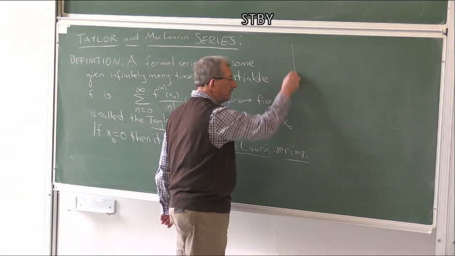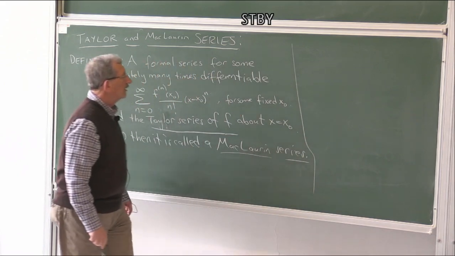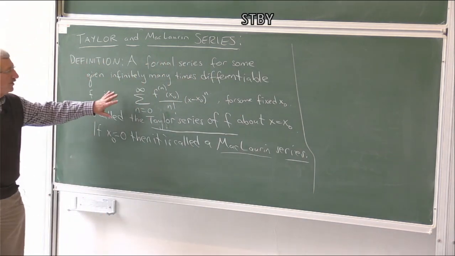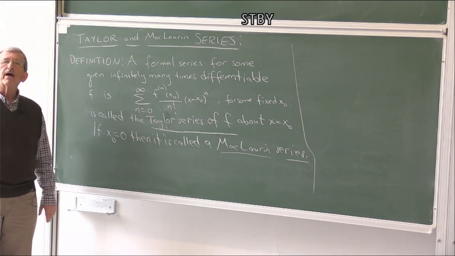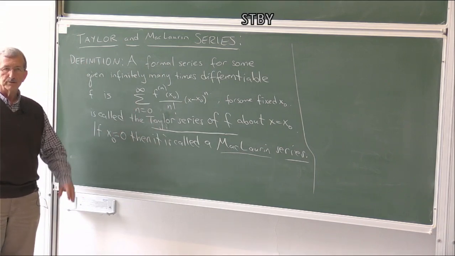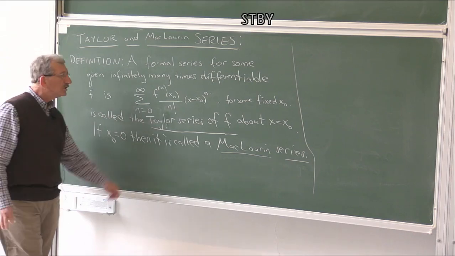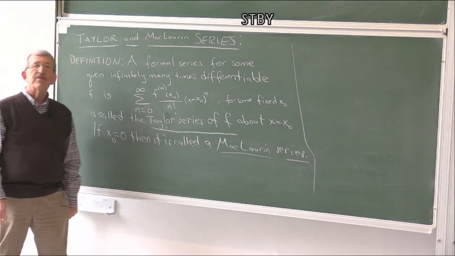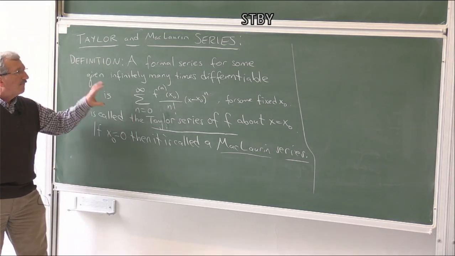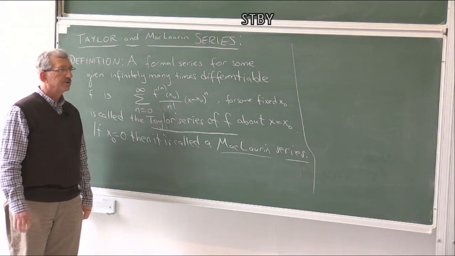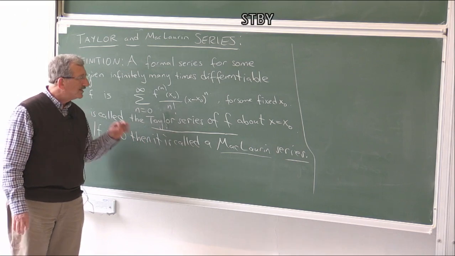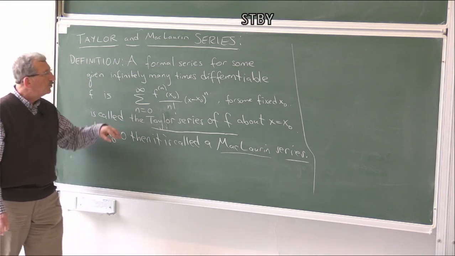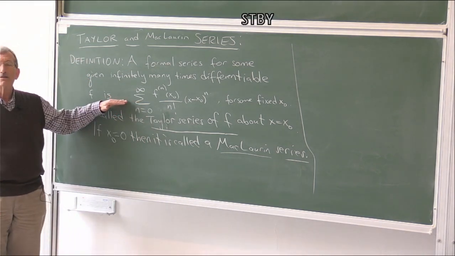Now note that this series is quite easy to construct if you know what your f is, because for the most elementary functions, we can calculate the nth derivatives and form this series. But in this form, it's not useful because we do not know if it's equal to f of x.